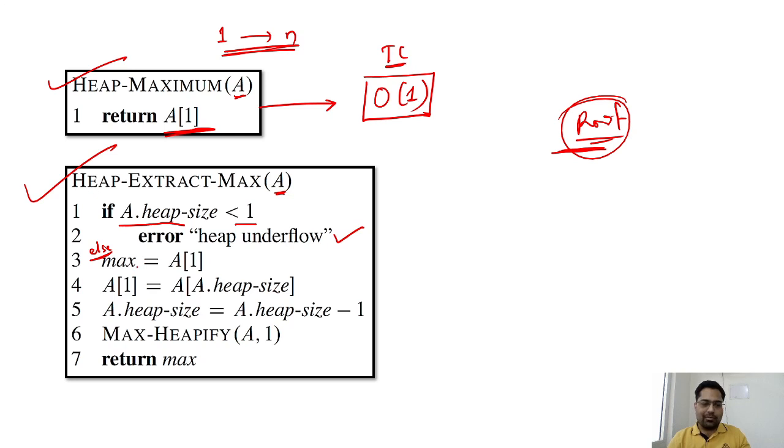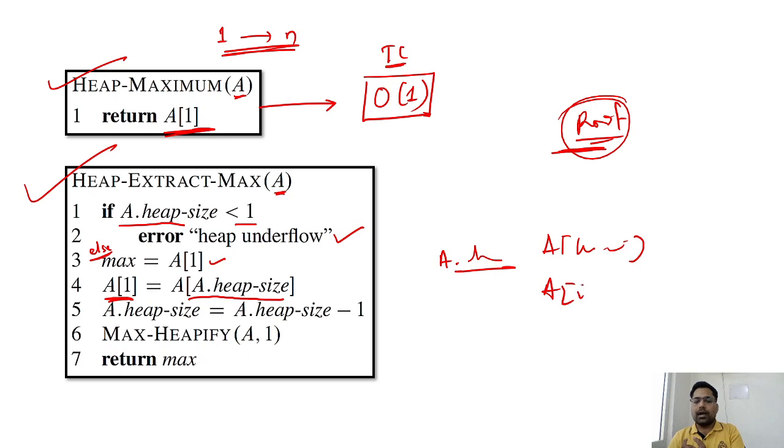So what it does, first they have created a max variable. For this, the first element we kept there, and next, the element which is the first element, we now shifted to the heap size. The heap size might be the total array length. A dot heap size means it is like A of heap size, like A of I, suppose you are writing, so you can write in that sense.